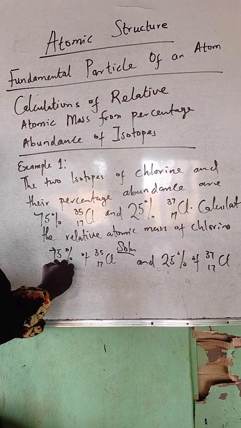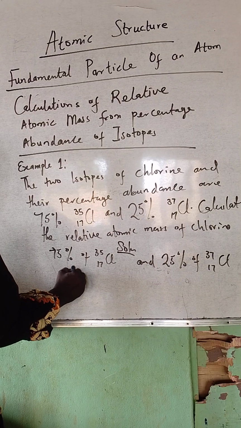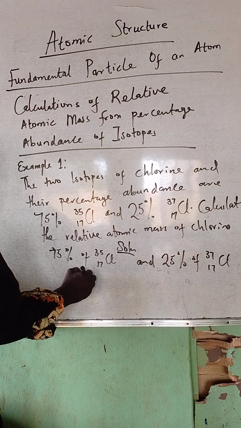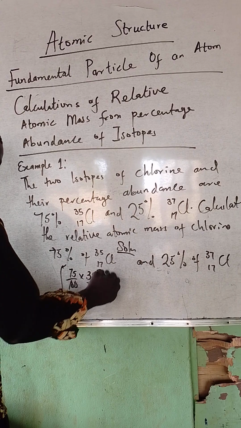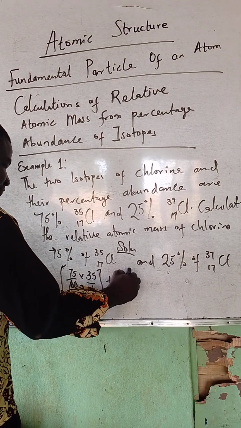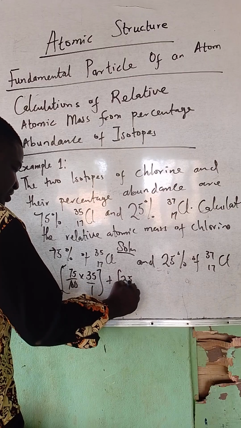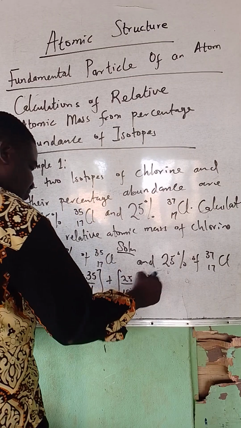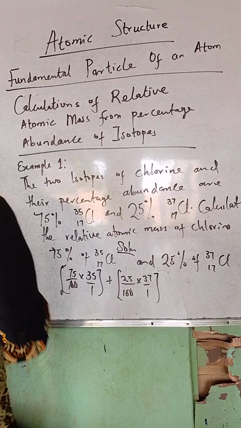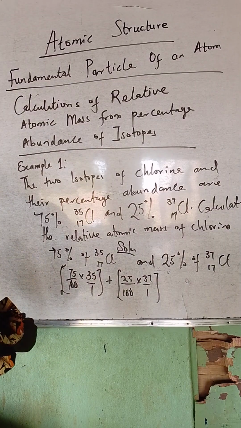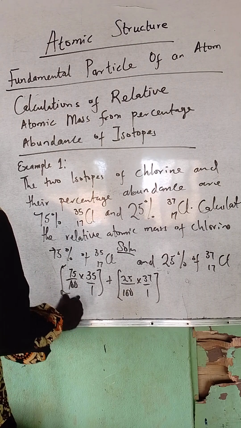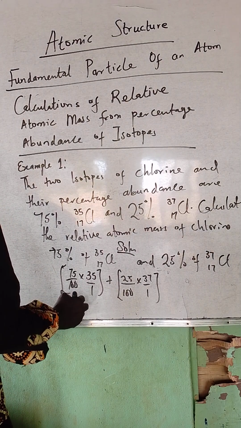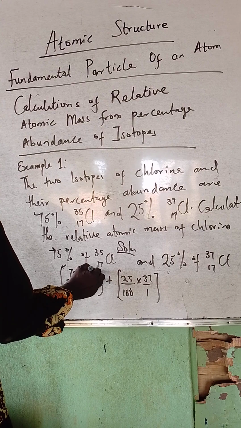So this is what you do: 75 over 100 times 35, added together with 25 over 100 times 37 over 1. What are we going to get from there?